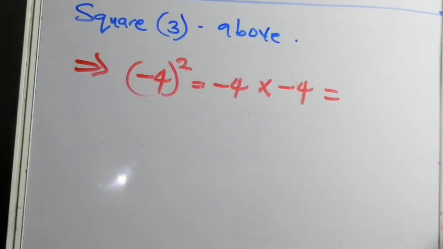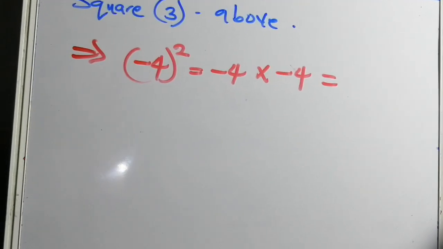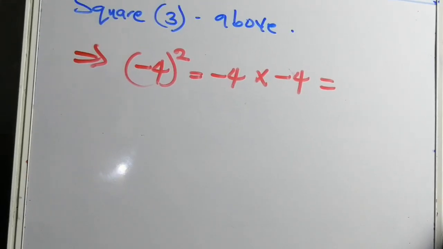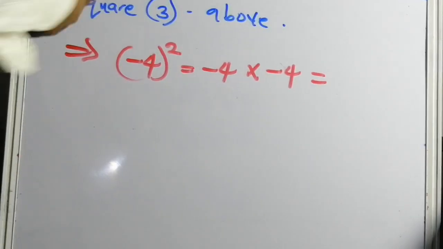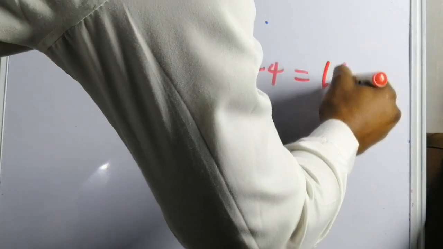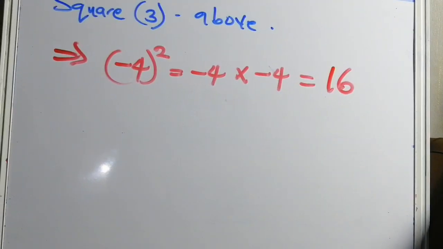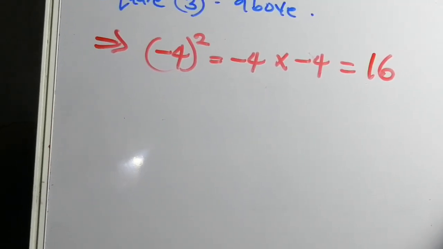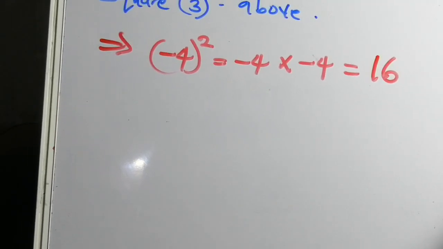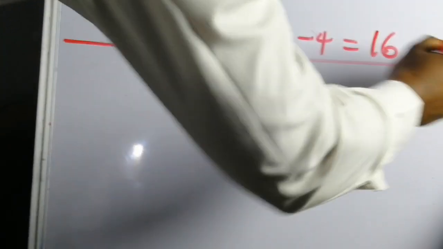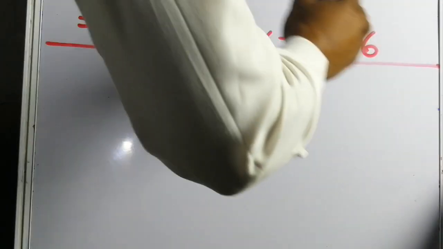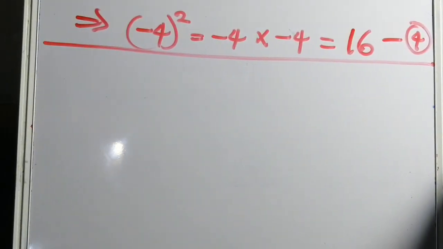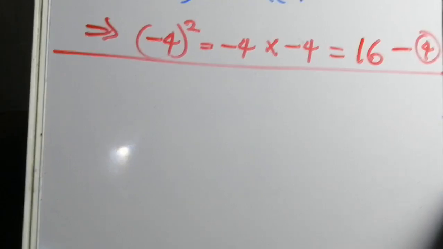Don't forget, in this part I've mentioned that minus times minus and plus times minus in one of the notes is very key. 4 times 4 is 16. So you are getting plus 16 because minus times minus gives you plus. Then you can name this as equation 4. I'm putting equation there so that it will be easier for you to understand.